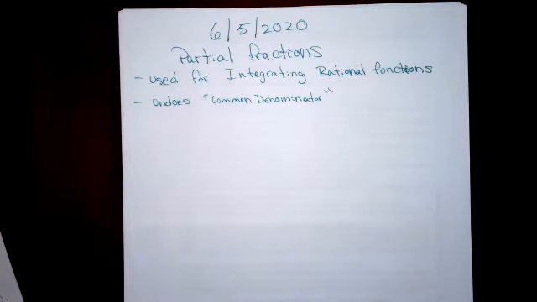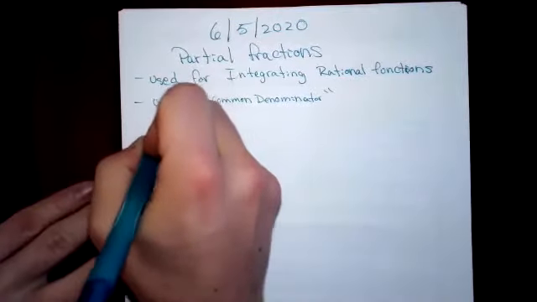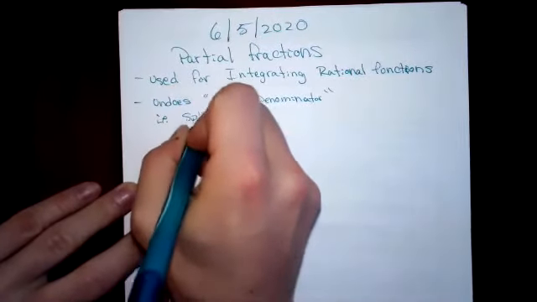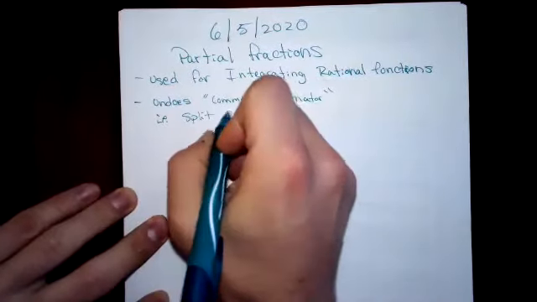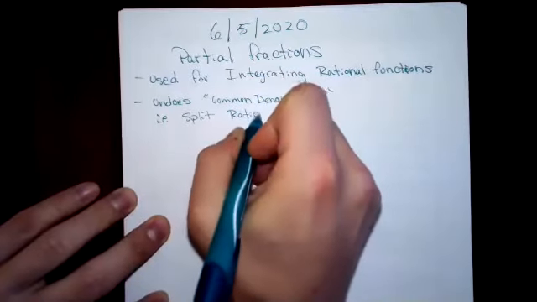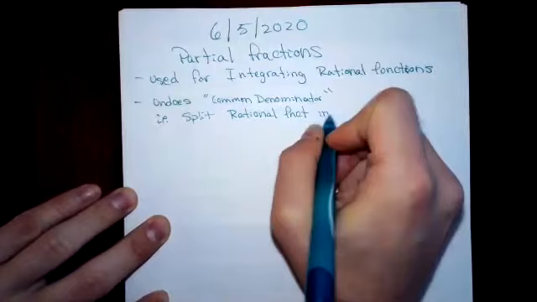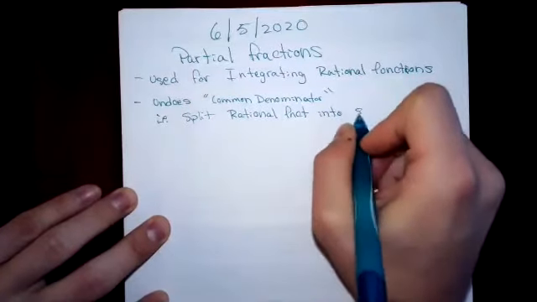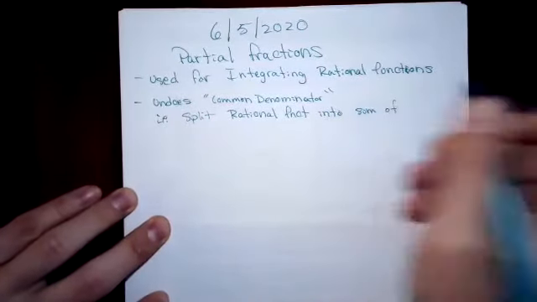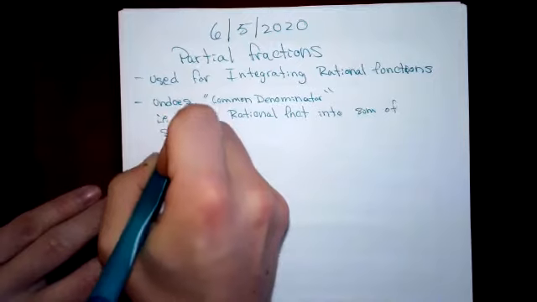Well, now in Calc 2, when we see this, in some sense, we're seeing one rational function, and what we want to do is split it into a sum of simpler rational functions.